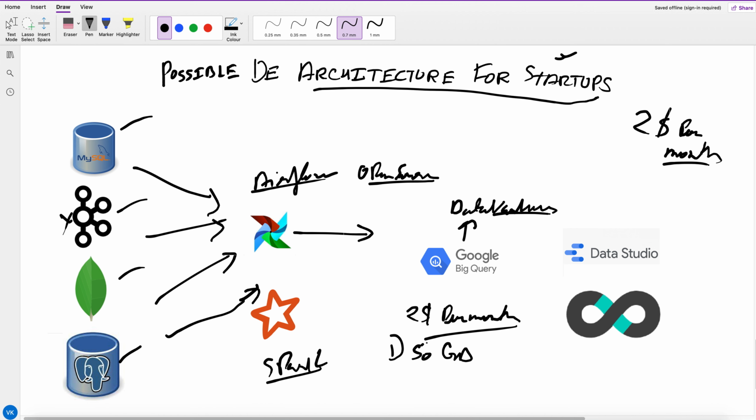So 50 GB would be the maximum size of the data that's getting from all of these systems to BigQuery. And the maximum amount of data that I could scan is 1 terabyte.